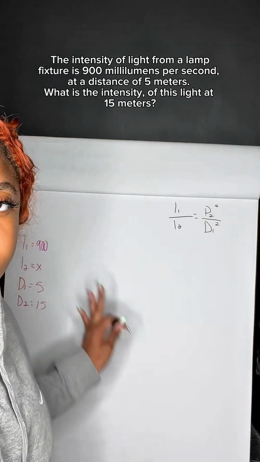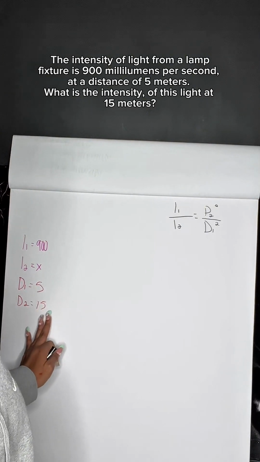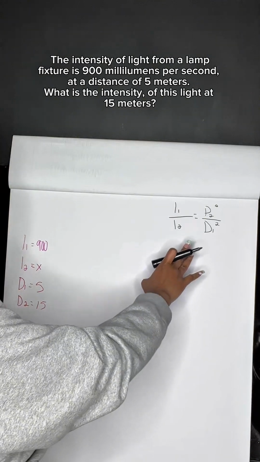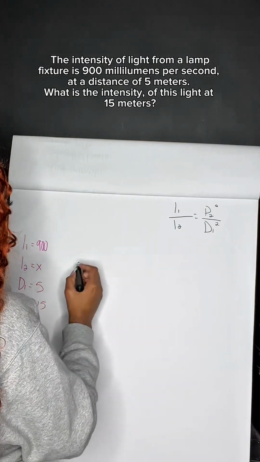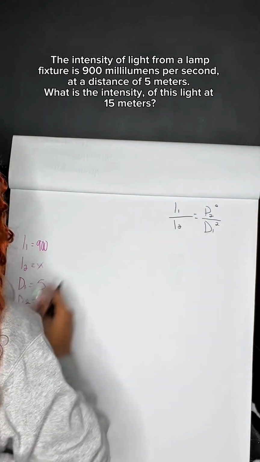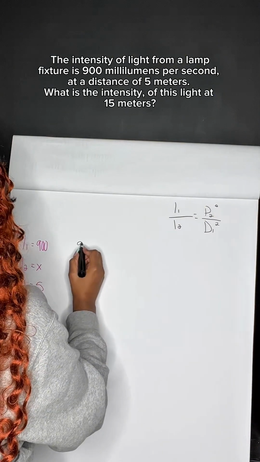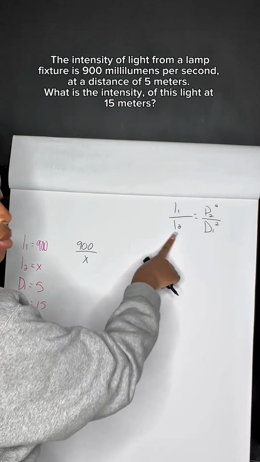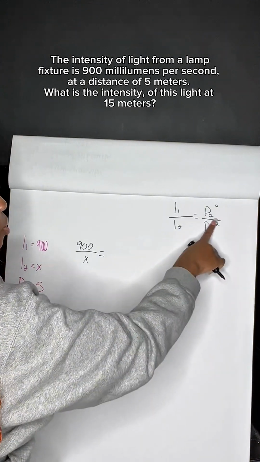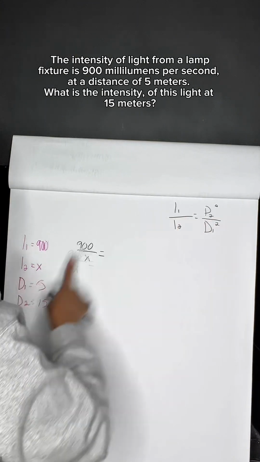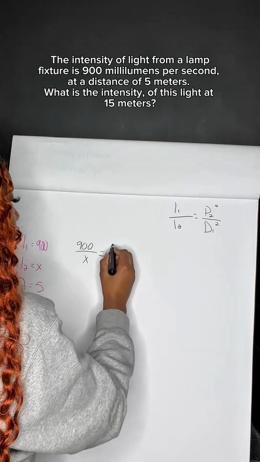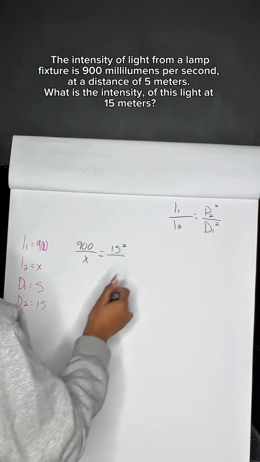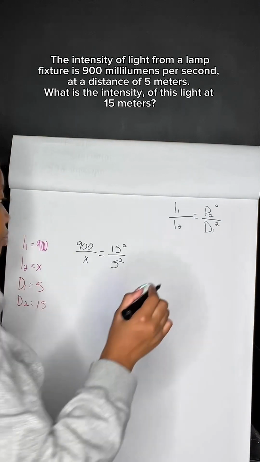So in order to rewrite the question, including these measurements, we have to take a look at the formula. This is I1, so it's going to be 900 over X, which is I2, equals D2, which will be 15 squared, and then D1, which is 5 squared.